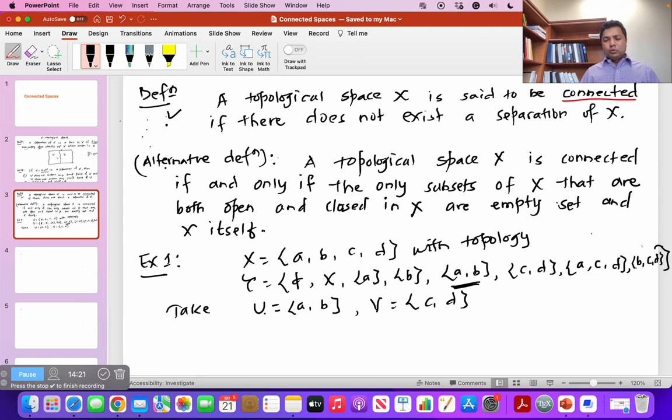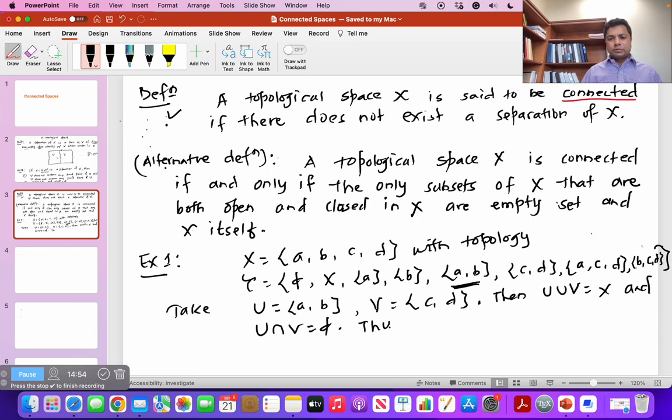Now we have two non-empty open sets. If we take the union of U and V, that is obviously A, B, C, D, which is X, and you can see there are no elements in common in U and V, so U intersection V is empty.